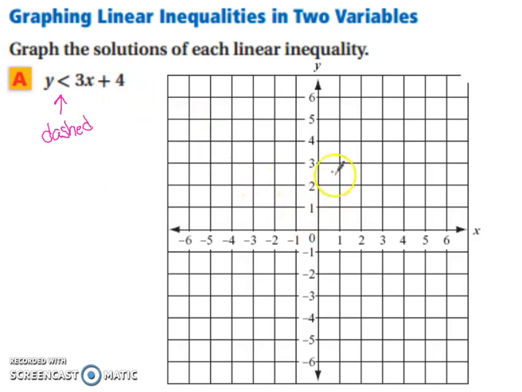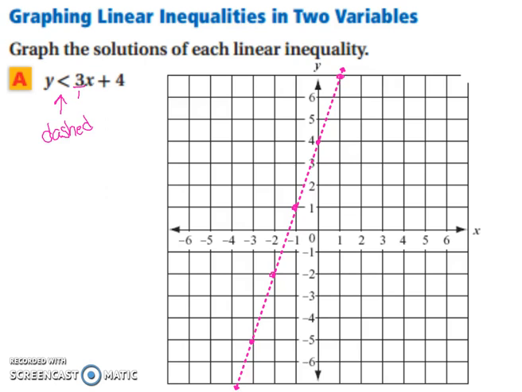So we start at 4, and we rise 3, run 1. Because remember, this is like saying 3 over 1. You can also go down 3, and then to the left 1. And then you would draw in your dashed line.